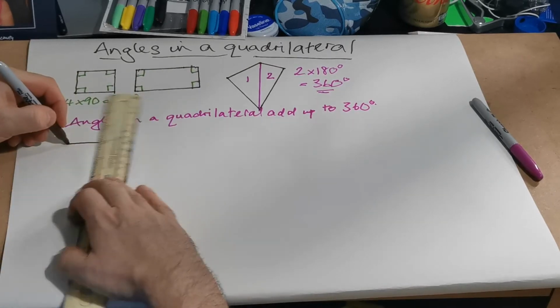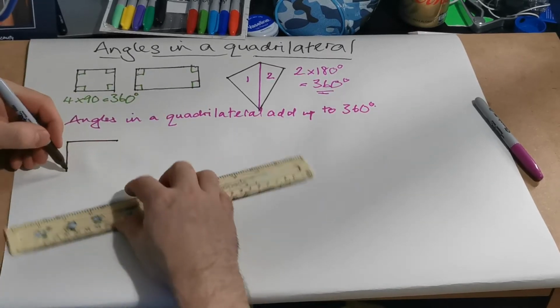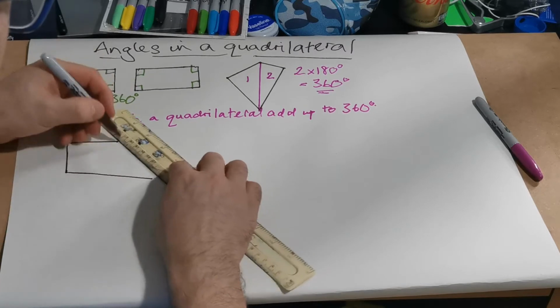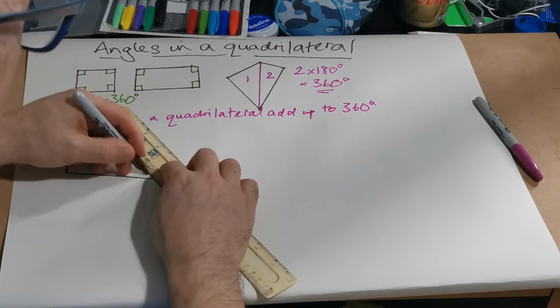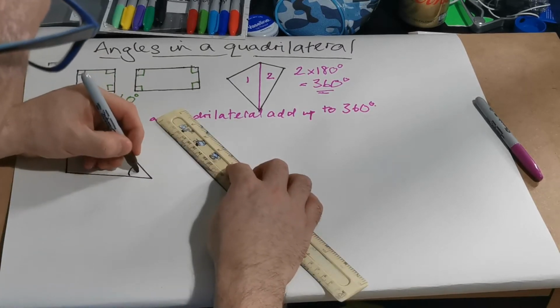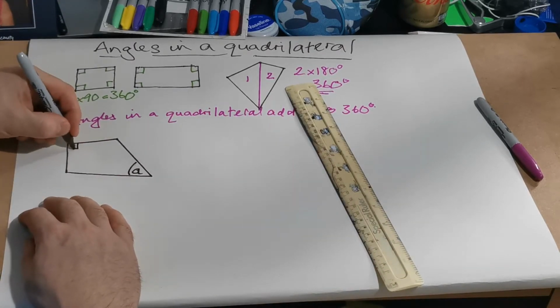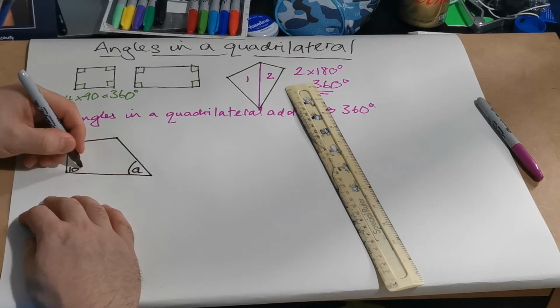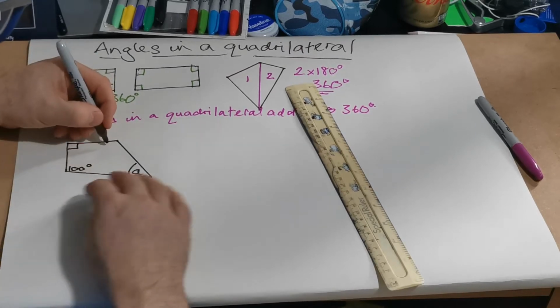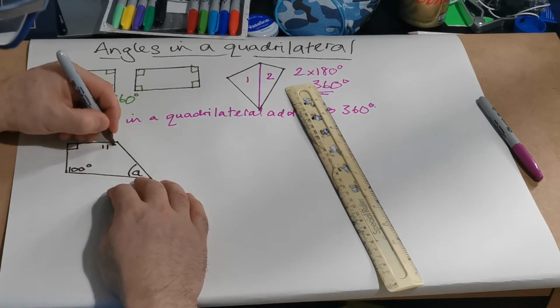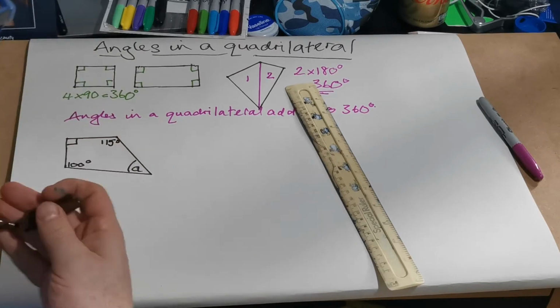And a question you might get on these sorts of things, you might get something like this. You might say, find the size of angle A. You might have those angles given.